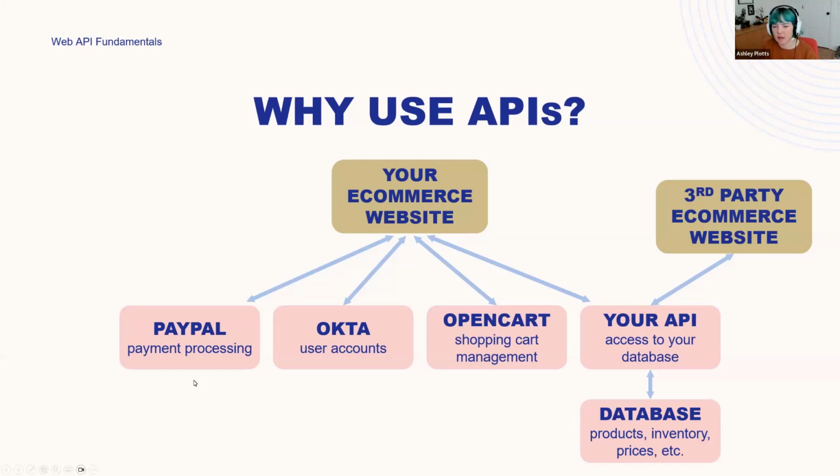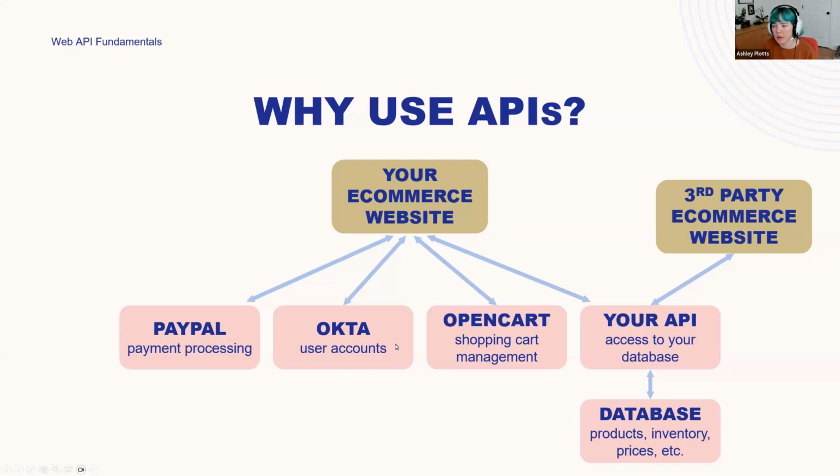So you build a website. An example of some public APIs you might use for your website: you could use PayPal for payment processing, or there's also Stripe, Square. There are public APIs that would handle all of the payments for you, so you don't have to worry about it.